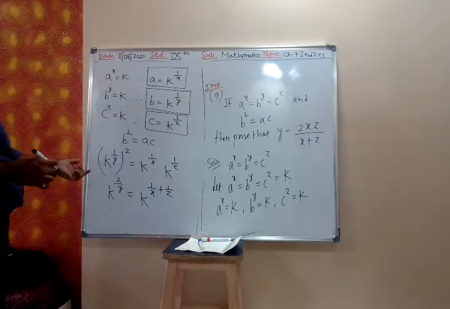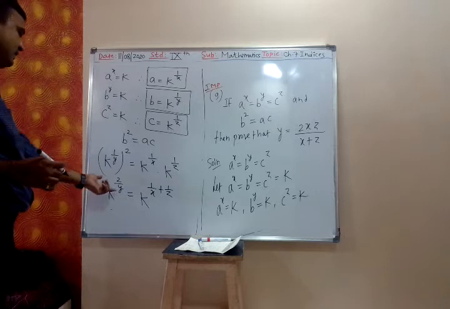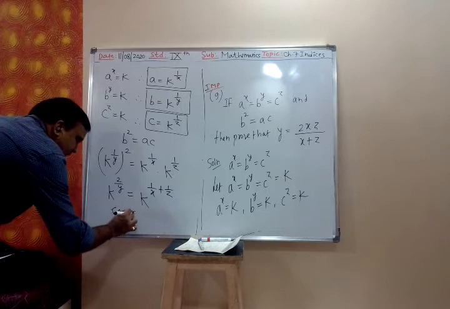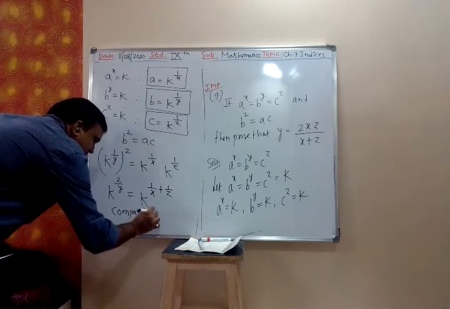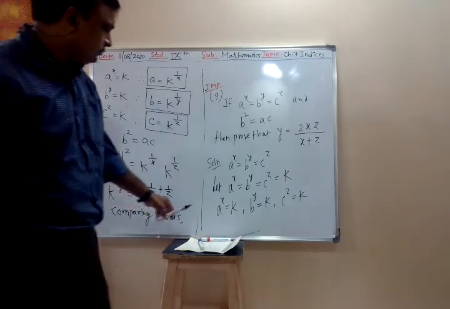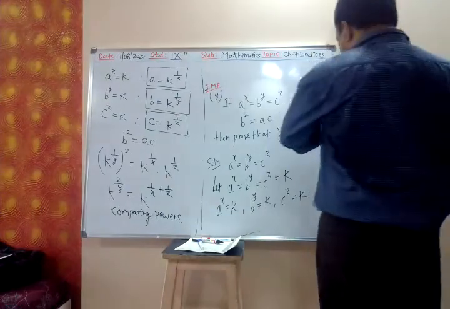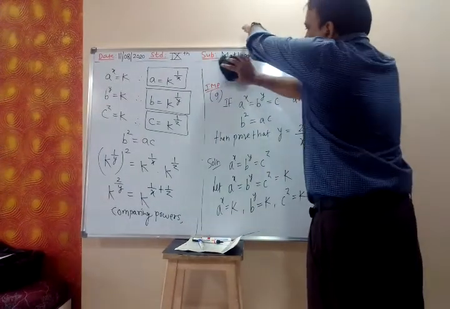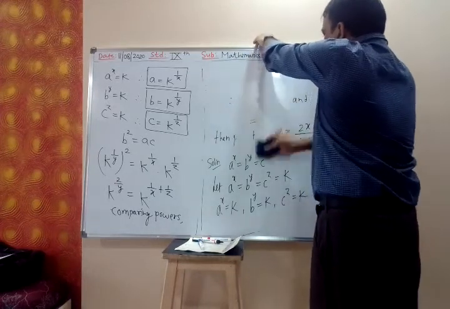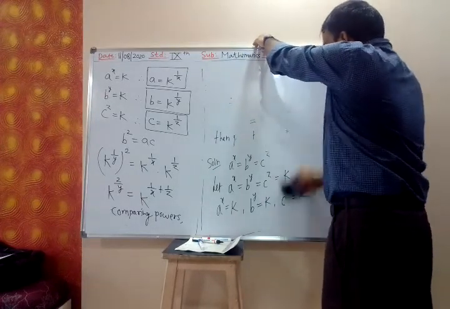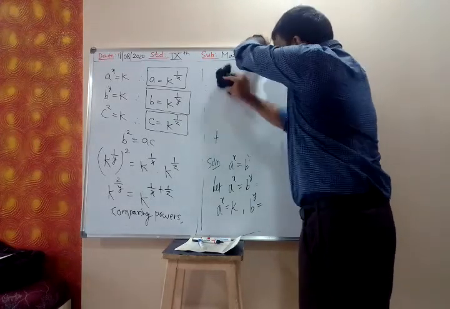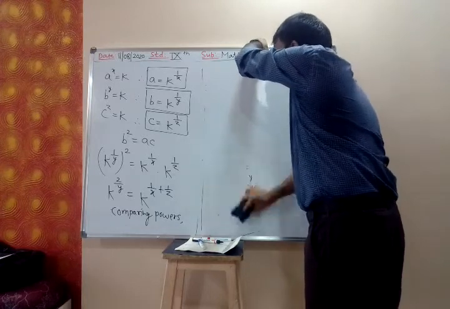Now you tell me, the base is same, k. So comparing powers, the base is same, so we compare the powers. Whenever the base is same, we compare the powers.